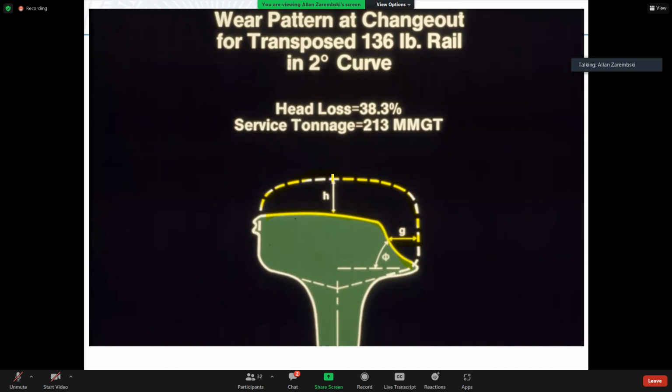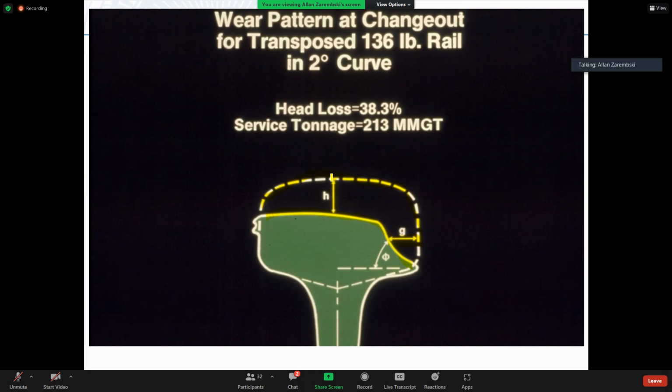And then you have head wear, or top of head wear, or top wear, which happens on straight track as well as on curved track. Wear standards take several different forms. You can have a separate head height wear limit and a separate gauge face wear limit.